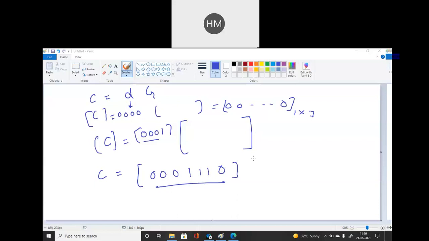Aditi, Pratibha, Amisha. Yes, I am waiting. No problem. But please simplify and verify that you are getting this answer or not.